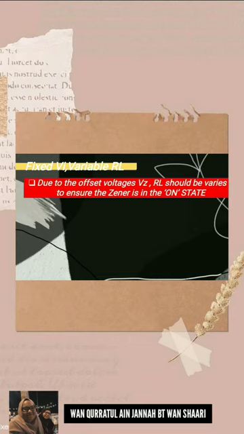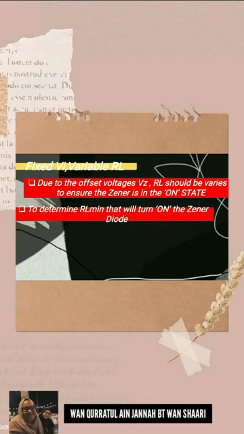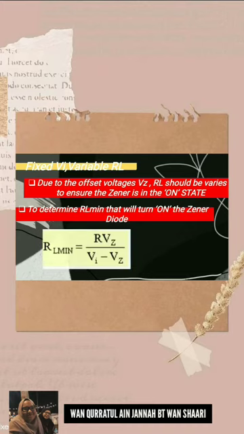To keep the voltage at Vz, RL should vary to ensure the Zener is in the on state. Determine RL minimum that will turn on the Zener diode by using this formula. Note that any RL values greater than RL minimum will keep the Zener diode in the on state.